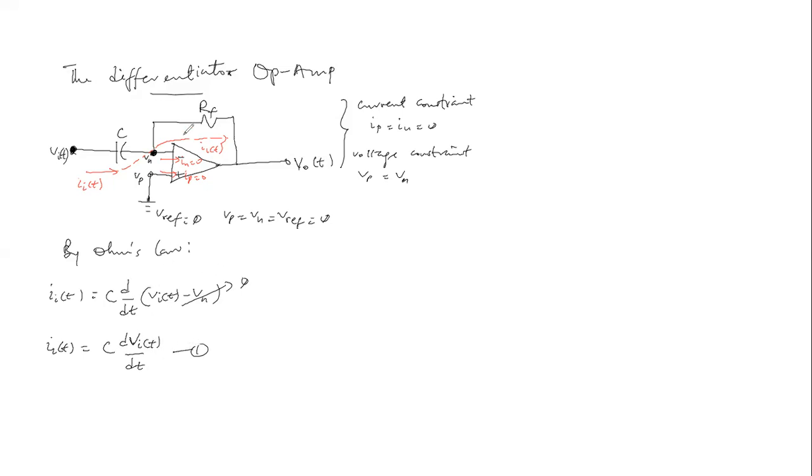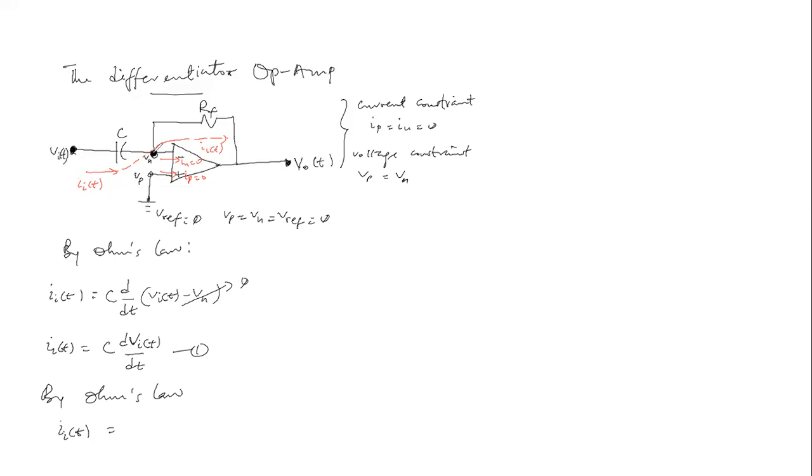And in a similar vein, if we write Ohm's law at the output side of this circuit, then the current flowing through the output region will be the same as I sub I of t, which would be the voltage value divided by the resistor.